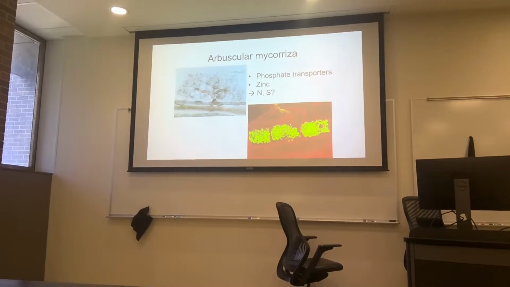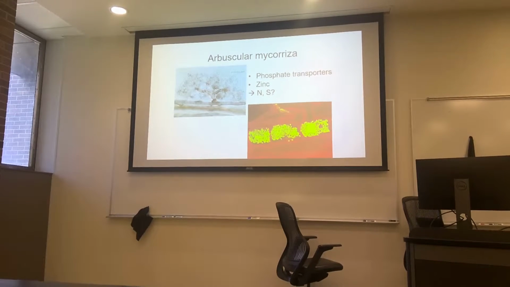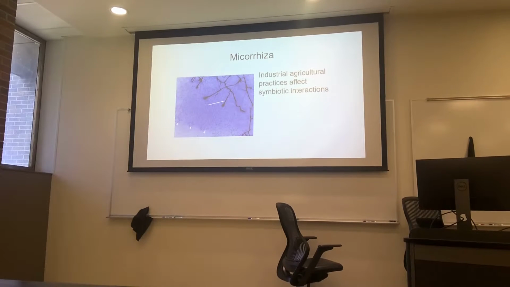Yes. So because of its sensitivity to human environments, like its quick death on a petri dish, how does it transfer to different plants? Through the soil. And it can remain in the soil? Yes, there's a lot of debris that is left in the soil. One of the main things is that agricultural practices affect many of these symbiotic interactions.